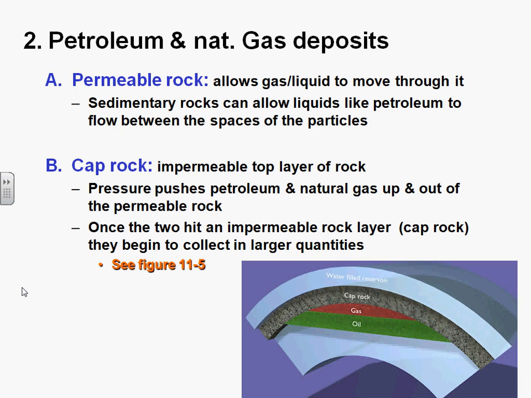When they naturally form, that's when they eventually gravitate to somewhere where they get trapped. And once it gets trapped, it cannot escape until somebody puts a hole in it, or an earthquake happens, right?